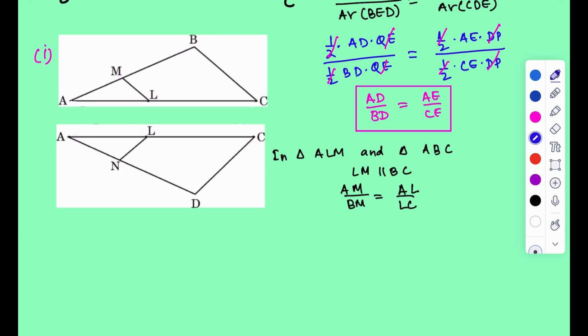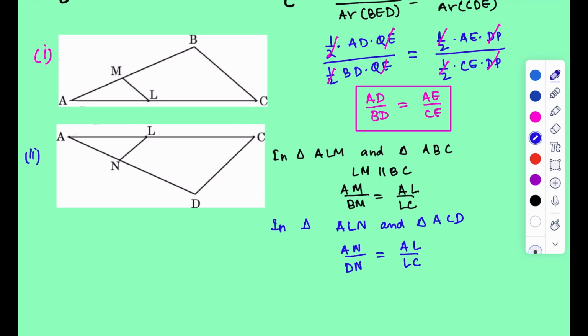Similarly, in the second case, in triangle ALN and triangle ACD, we can write AN by DN is equal to AL by CL or LC.